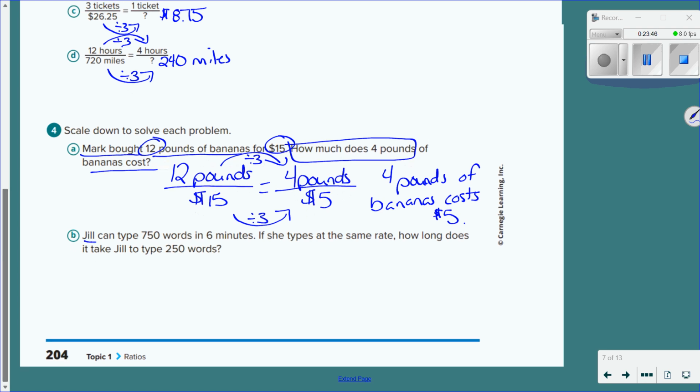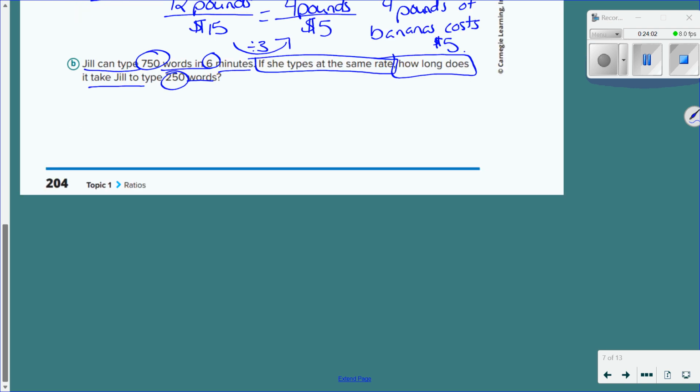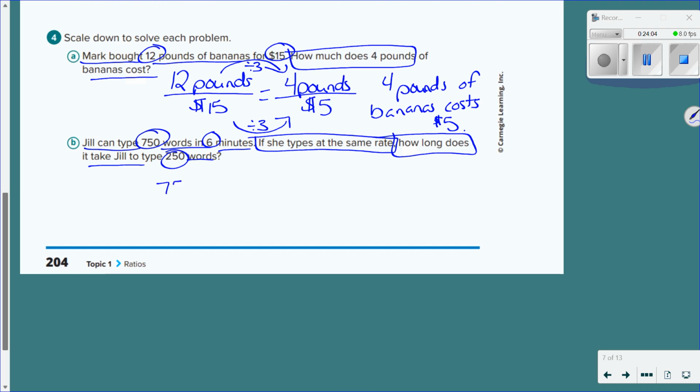And B, Jill can type 750 words in 6 minutes. If she types at the same rate, how long does it take Jill to type 250 words? So what rate am I starting with? Riker? 750 words in 6 minutes.